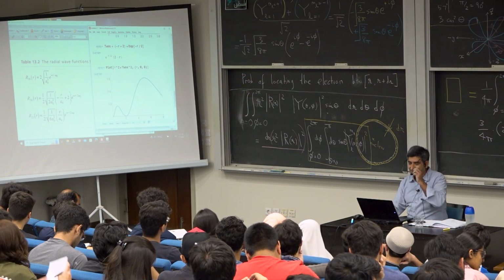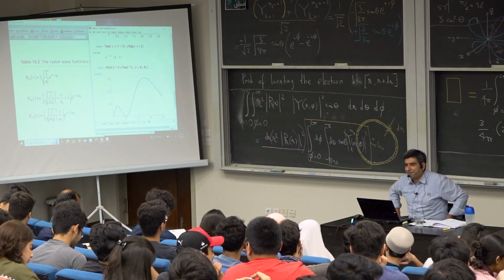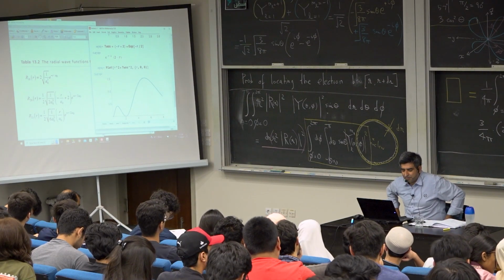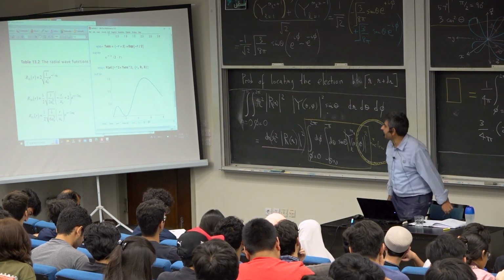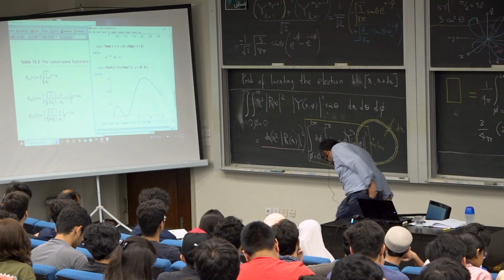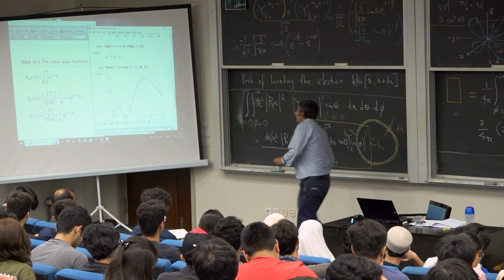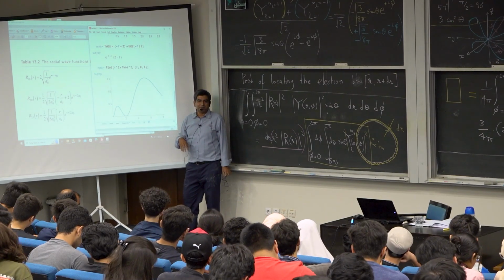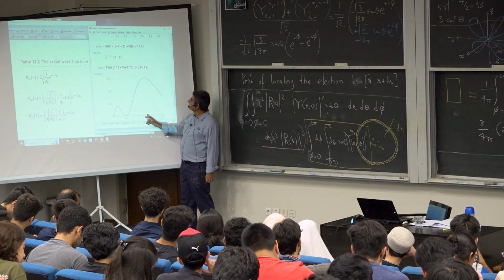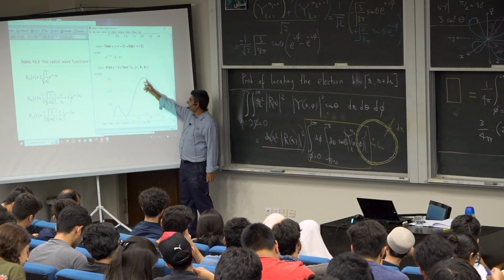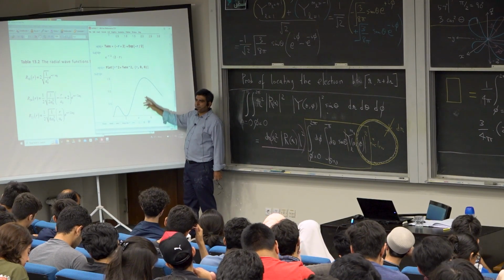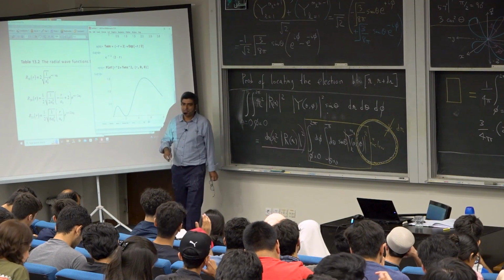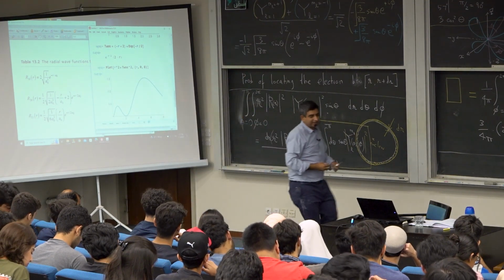This is what I get. It's not 2 times the Bohr radius, it's something else. So this is the radial probability density for a 2s orbital. At some value, which is I think roughly about 5 times the Bohr radius, you will have the maximum likelihood of locating this electron.